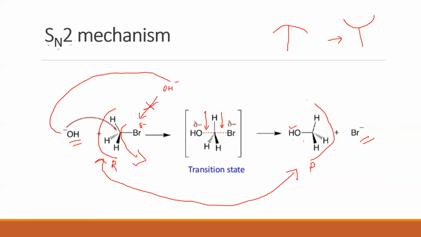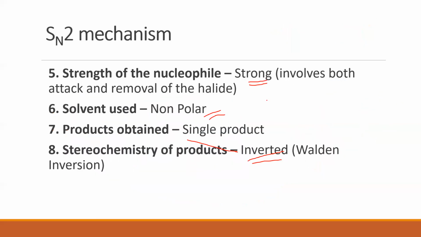We spoke about inversion, the position of hydrogens and all that, right? So the same thing we are putting in words. The stereochemistry of the product is that the product is inverted, and we call this inversion Walden inversion. So this inversion that happens during SN2 is called what? Walden inversion.